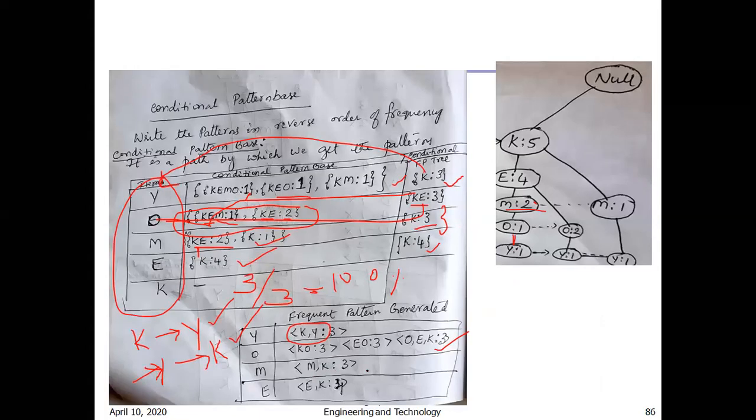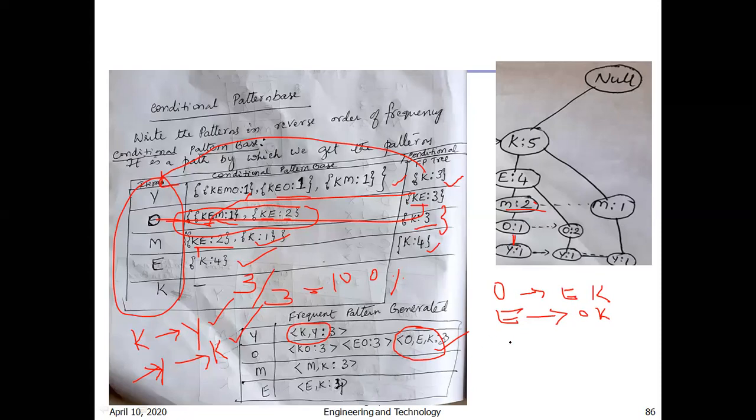Now similarly, M and K. This is understood, right? O, E, K: one possibility is O implies E and K. The second possibility, if you take E only, then the combinations are O, K. Check the rules.